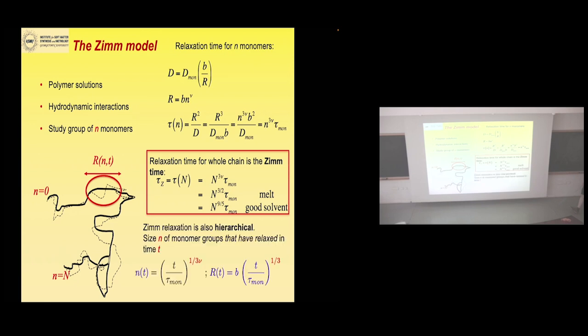Okay. We could go through the same argument to find that the number of groups that have relaxation times t goes as t to an exponent which is 1/3 nu. And that, this sort of anomalous diffusion exponent that we found before was a quarter, now is a third. Interestingly, there's no Flory exponent there, which is curious.